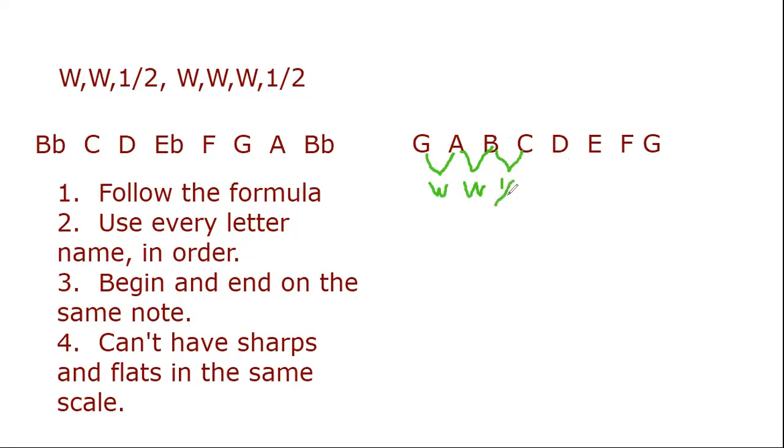I'm simply recreating that formula underneath so I can check my work. C to D is a whole step. In between these 2 pitches, we need a whole step. In between these 2 pitches, we need a whole step. And in between these 2 pitches, we end with a half step.